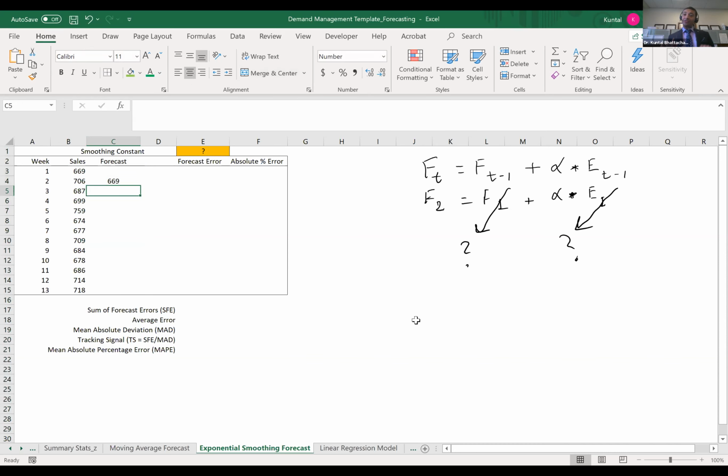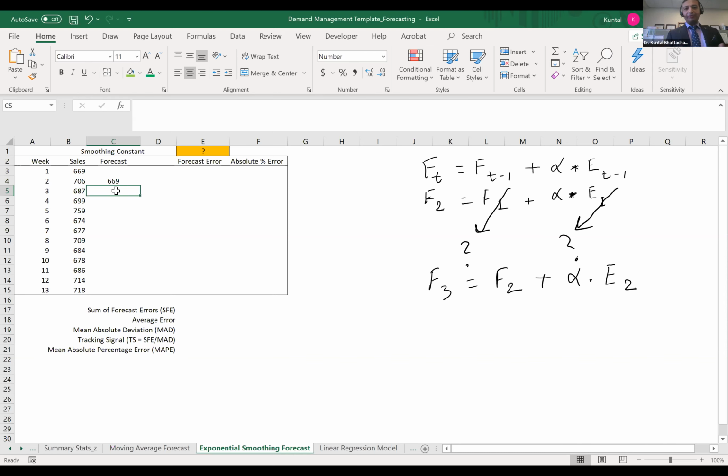So that becomes my starting point, because now when I'm trying to forecast the third period, I can look at the forecasted value from the second period plus an alpha times the error from the second period. And now I have almost all of those data points available to me.